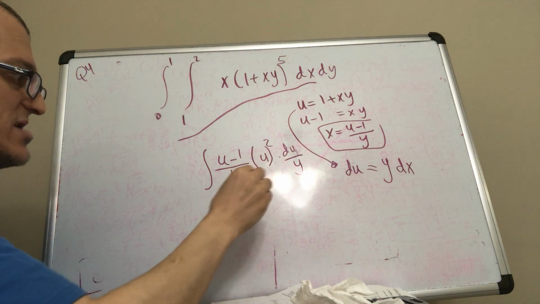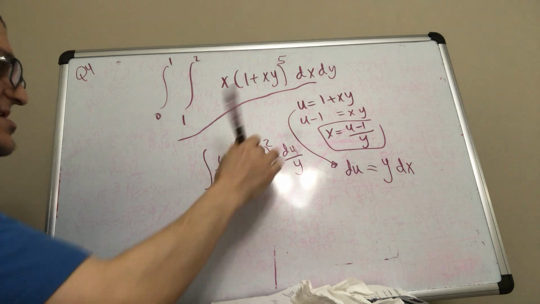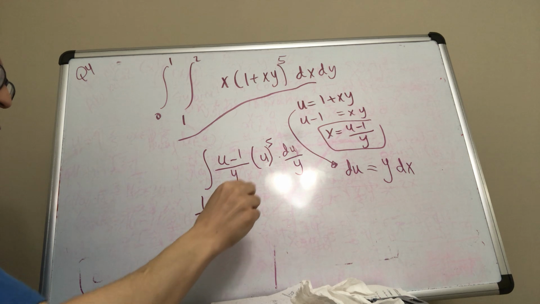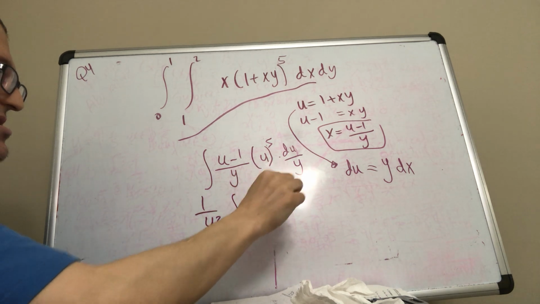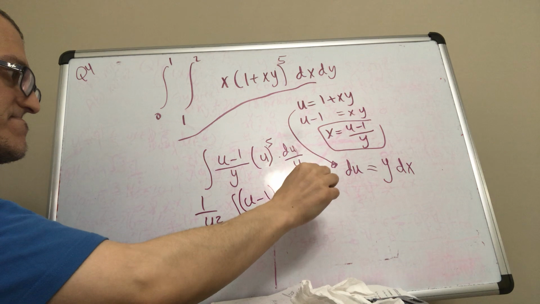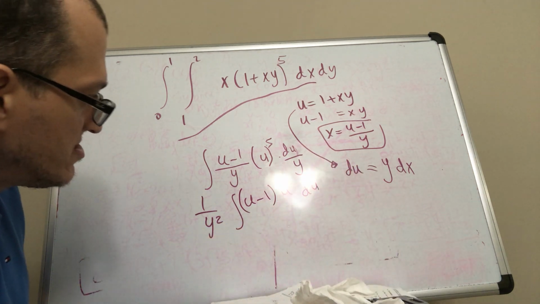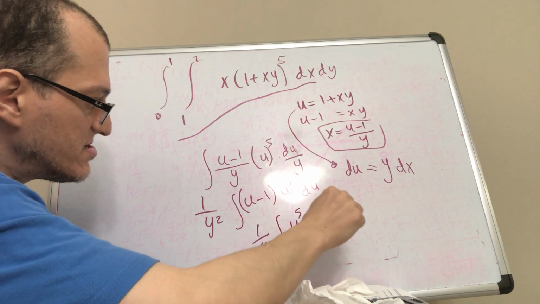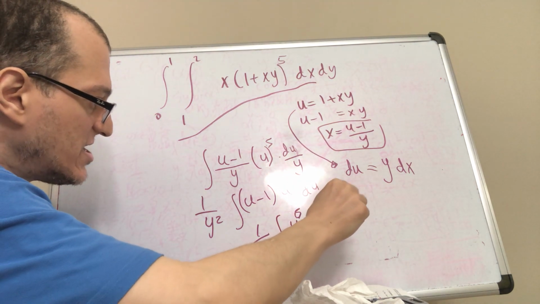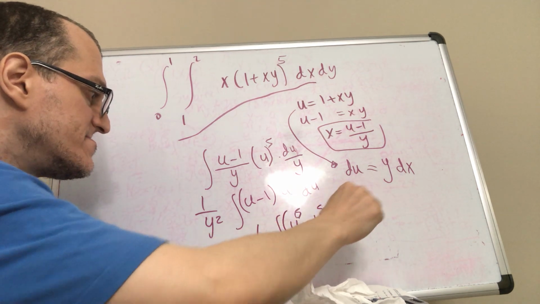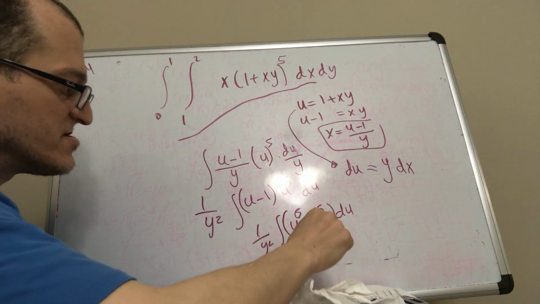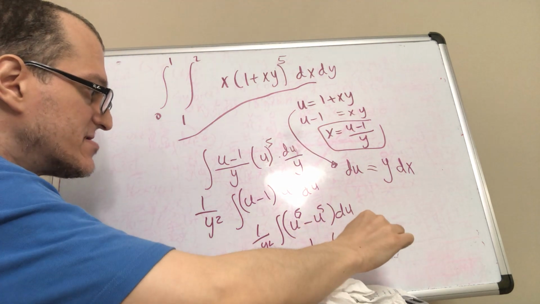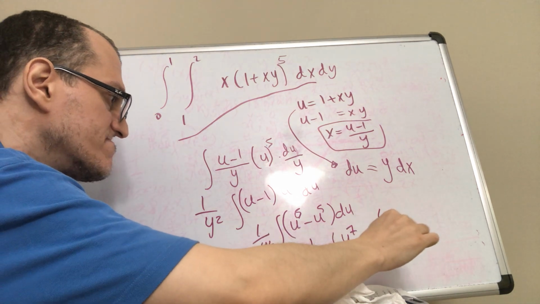Y times y is y squared, and since that's a constant, I can take it outside the integral, so I only have this to integrate. Take u^5 inside, so it's u^6, u^5. So 1 over y squared, u^7 over 7 minus u^6 over 6.